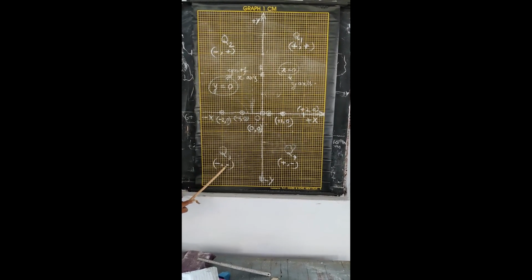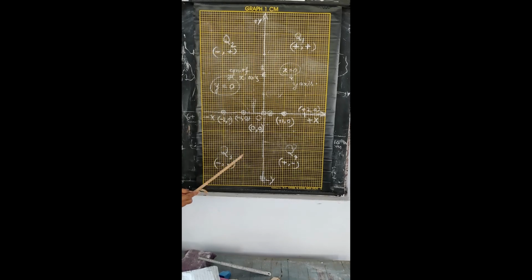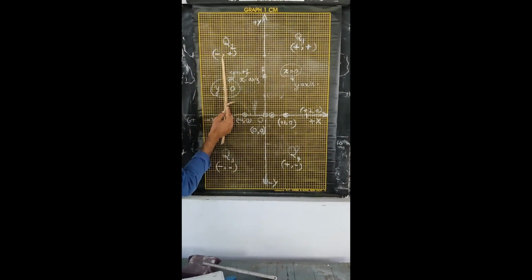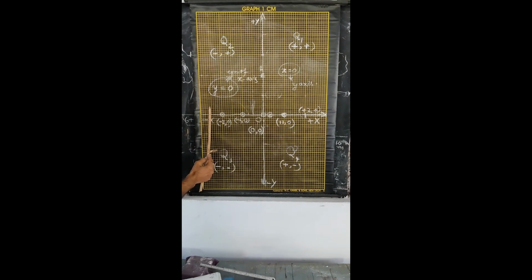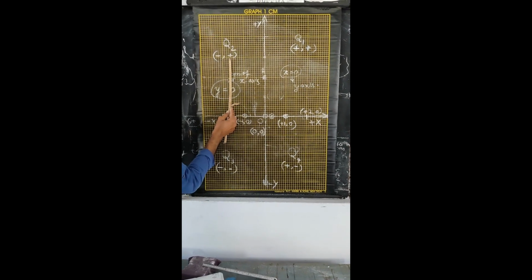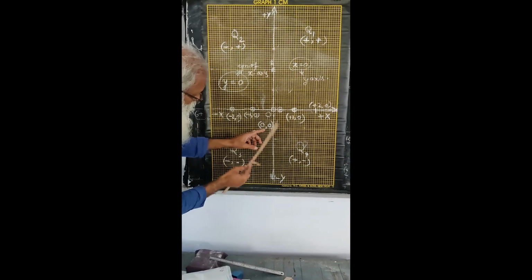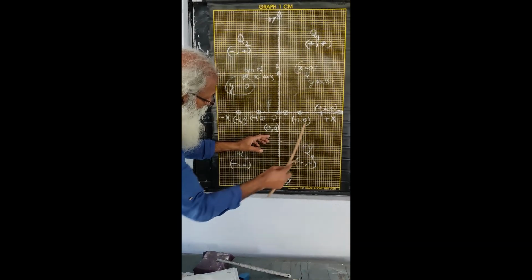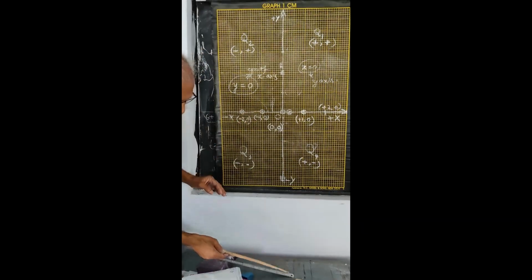So both x and y coordinates are negative. And in the second quadrant, the x coordinates are negative and y coordinates are positive, but in the fourth quadrant, the x coordinates are positive, but y coordinates are negative.